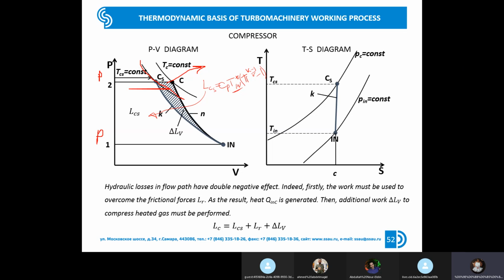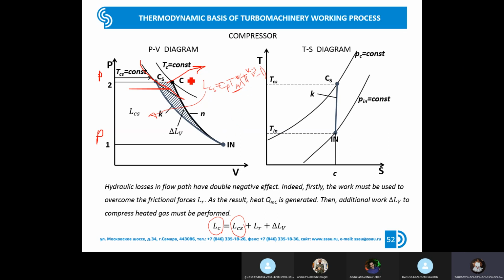But of course, finally, we are interested in efficiency. And for calculating efficiency, we need to find the useful work of the compression, this one. We need to find this specific work which we are supplying in our process.